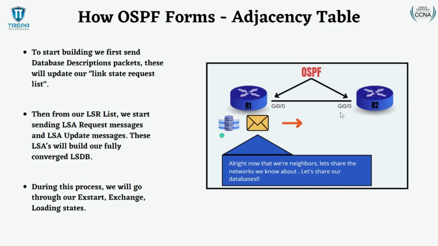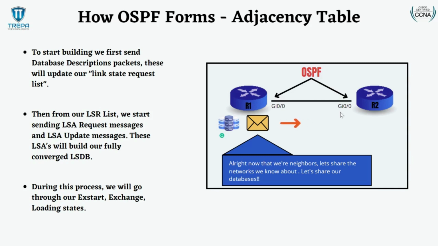What happens. So now we built our neighbor table and we're entering into our ExStart state. So this is when we form our actual topology. To start building, we first send database description packets. These are going to update our link state request list.